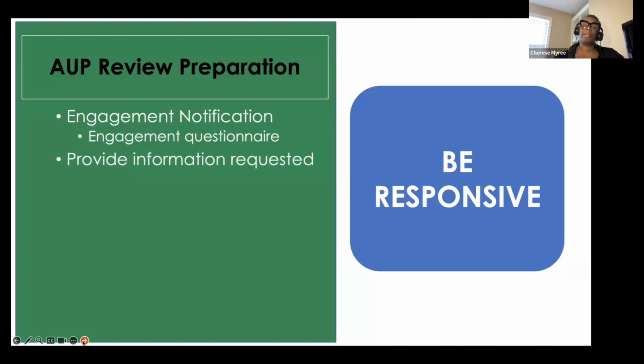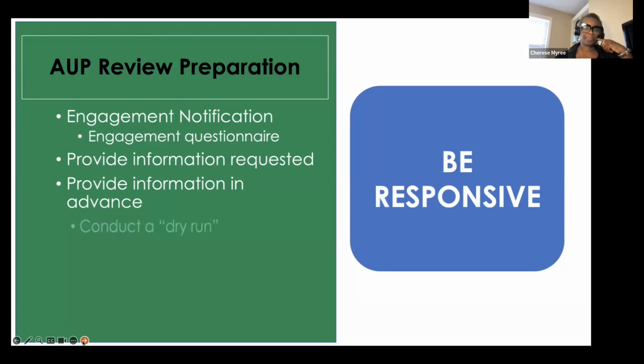You want to provide the information that was requested because it's used for planning purposes. So there'll be a deadline. The more information you provide in advance, the less time the auditors will be on site at your location because they can do a lot of the work in the planning phase.